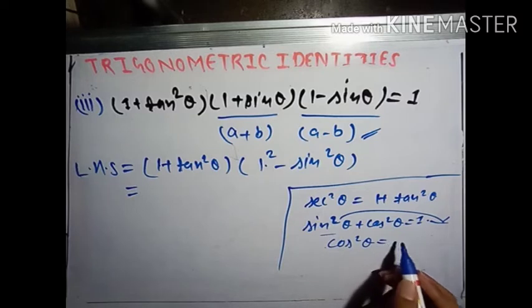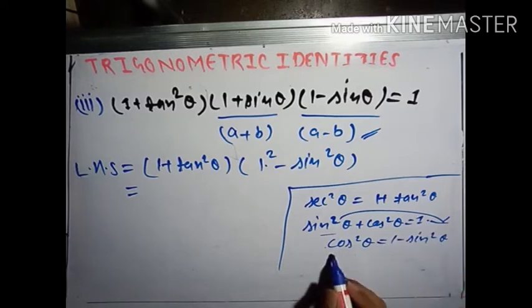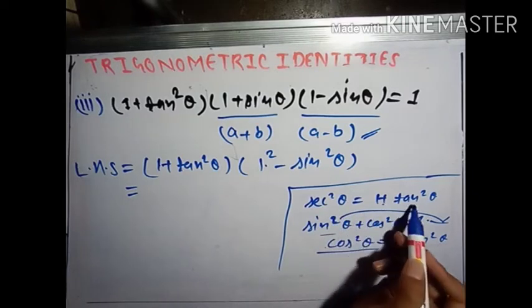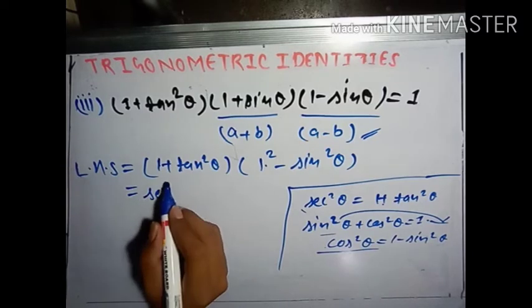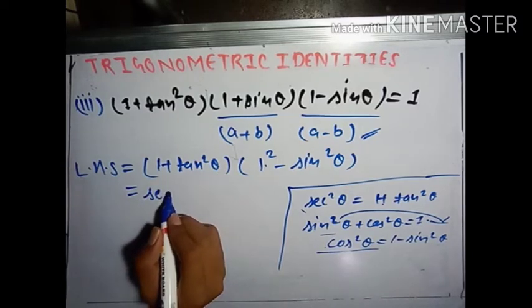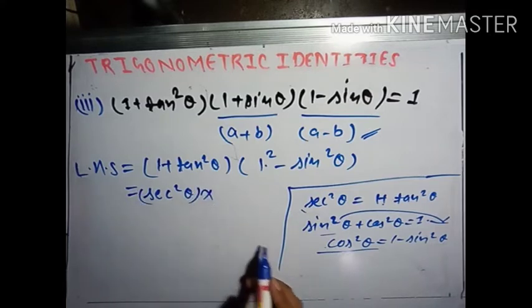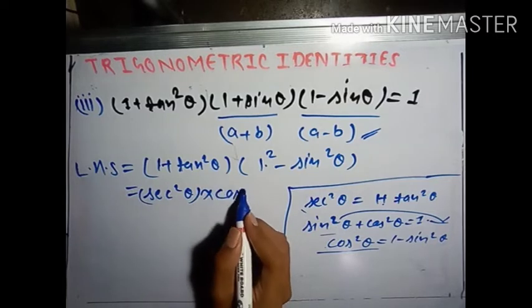Cos square theta is equal to 1 minus sine square theta. Understand? So this value indicates cos square theta, and 1 plus tan square theta is what? Sec square theta. So in the place of 1 plus tan square theta, I'm putting sec square theta, and then multiply how much? Cos square theta.